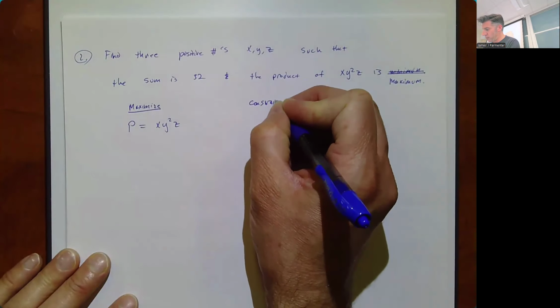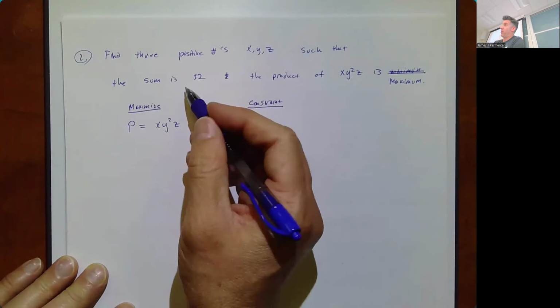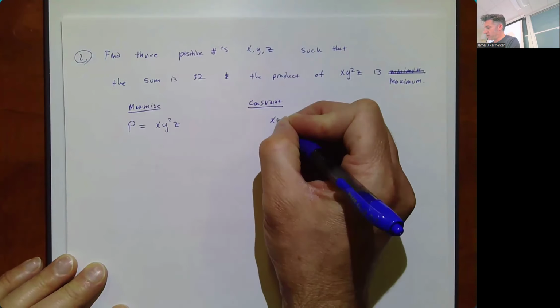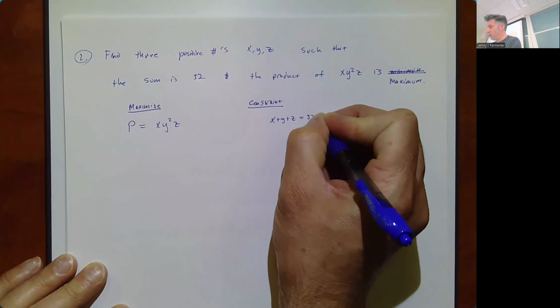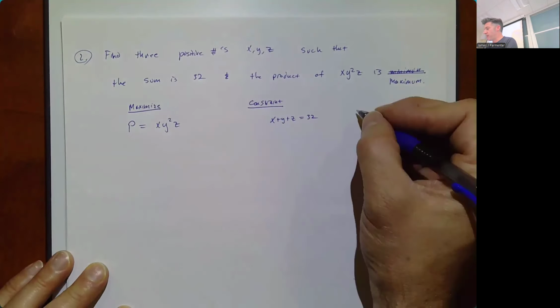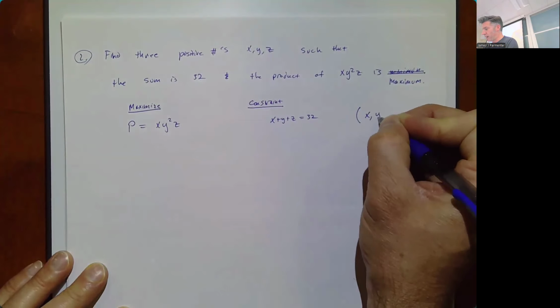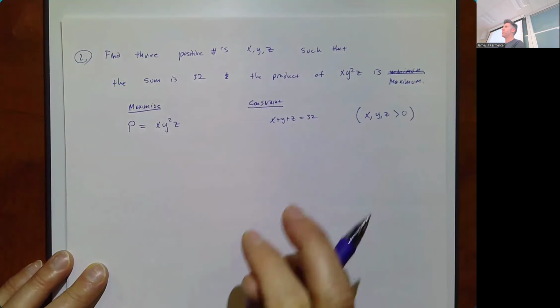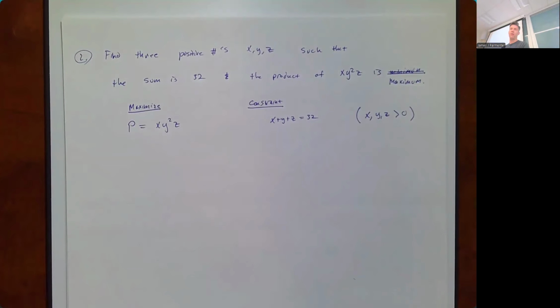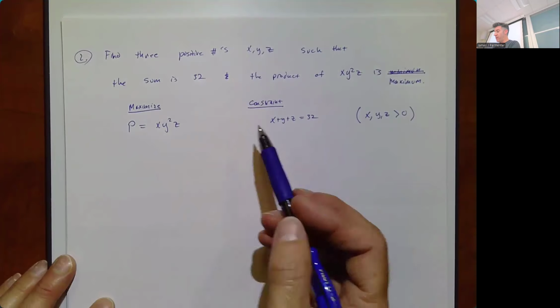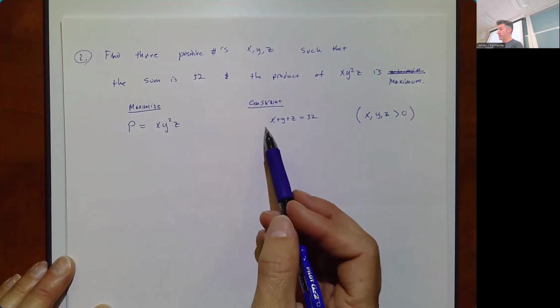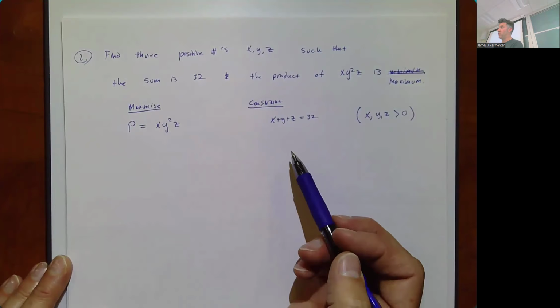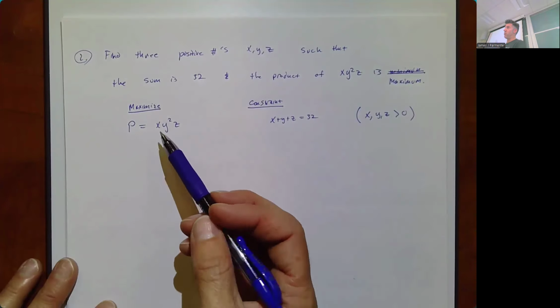And our constraint in this problem is that we want the numbers to add up to 32. So X plus Y plus Z equals 32. And I should also point out, we're limited by the fact that we want all X, Y, and Z to be positive. Usually that's not going to really come into play, but it is important because if X, Y, or Z could be negative, then there wouldn't be an answer to this question. You could pick Y to be a super negative number, and then X and Z to be positive numbers that got you back to 32, and the product would just get larger and larger the more negative you made Y.